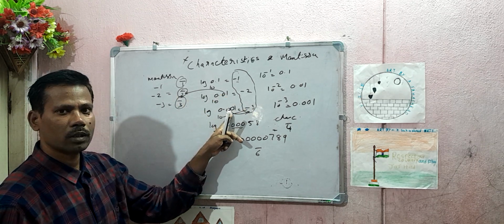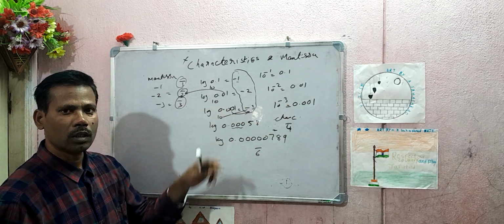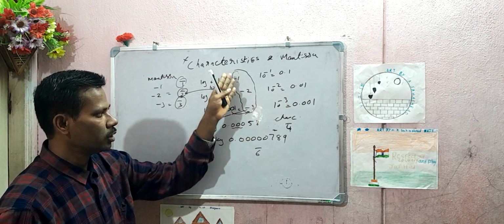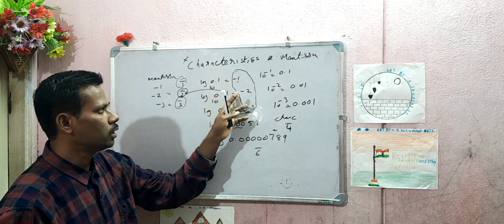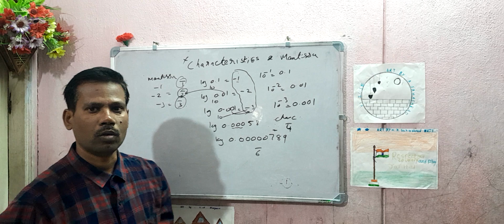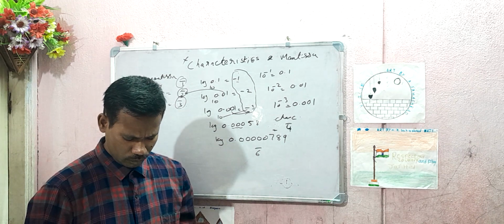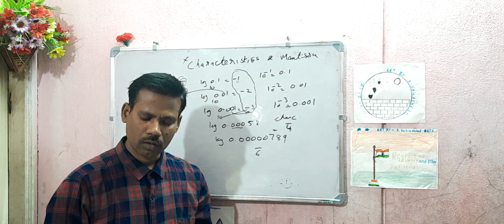After the point how many zeros are there? 2. Add 1 more, it is 3. So the characteristic of decimal fractions, that means decimal numbers, is always the number of zeros plus 1. Let us do some problems.